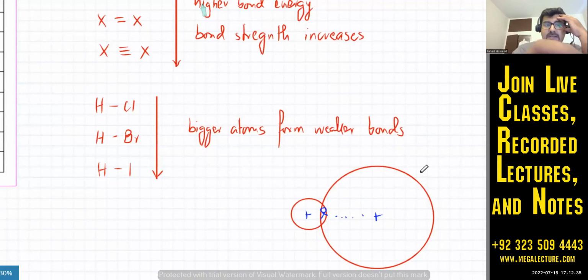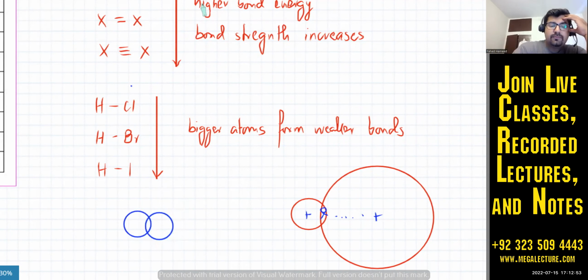And if you have a smaller atom, really small atoms, then the atoms are really close to each other. So the shared electrons, वो जो shared electrons है ना, they would be very close to the nucleus, right? So there's going to be very strong mutual attraction for those.